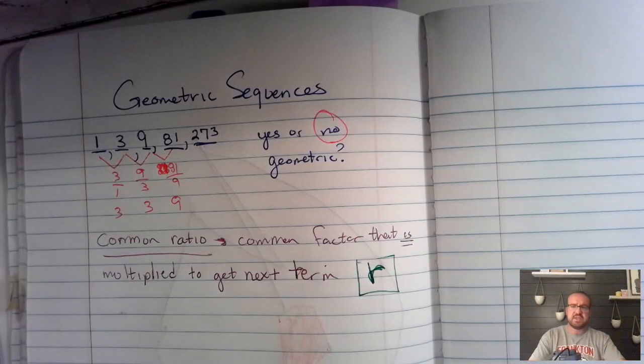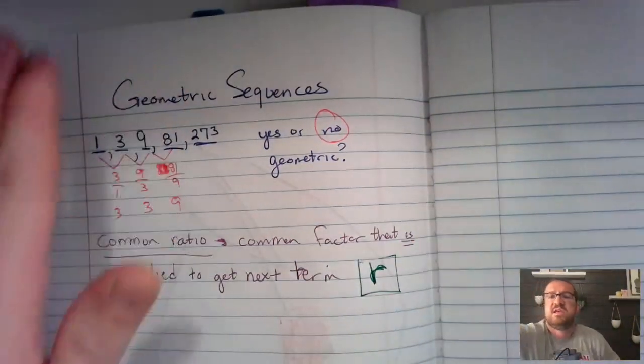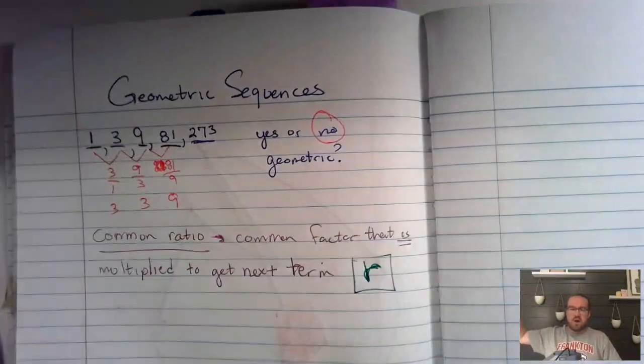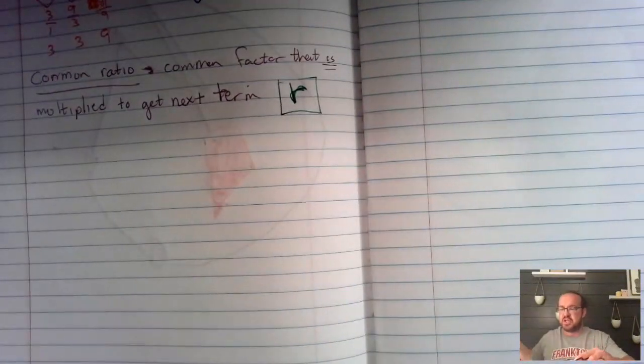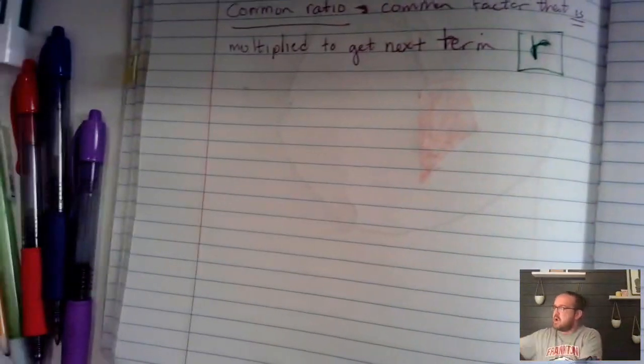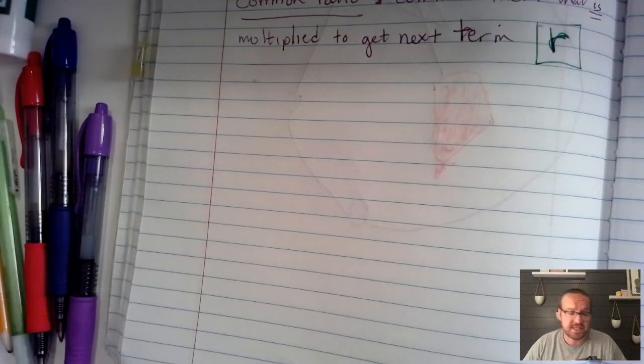When we're taking a look at this here, there's some things to denote. One of the things that we can be mindful of is some of those same explicit and recursive formula ideas.